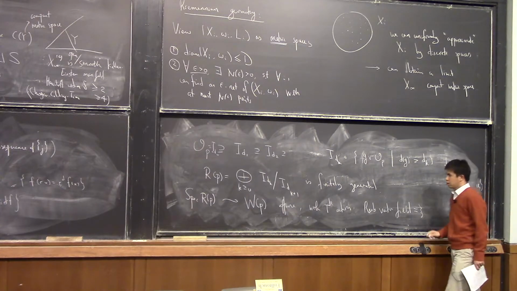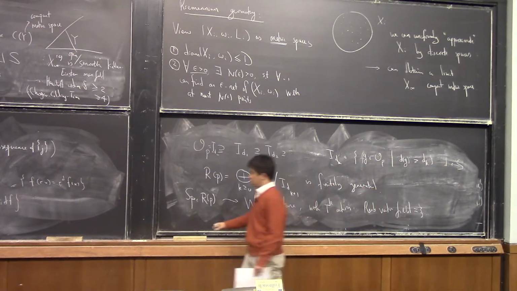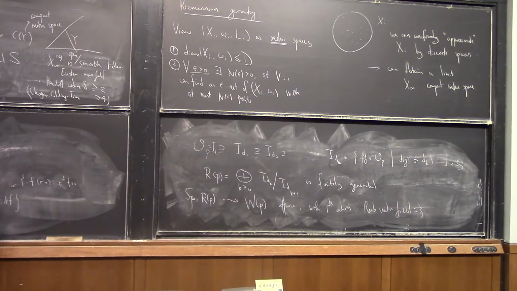So what does this mean? We can embed W and C_Y into the same affine space, C^N.